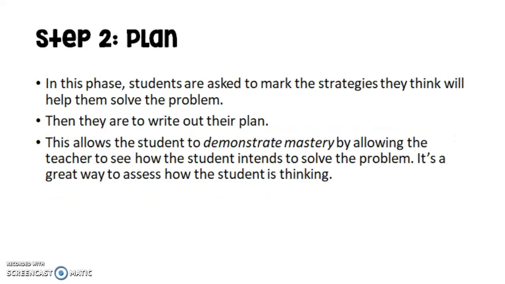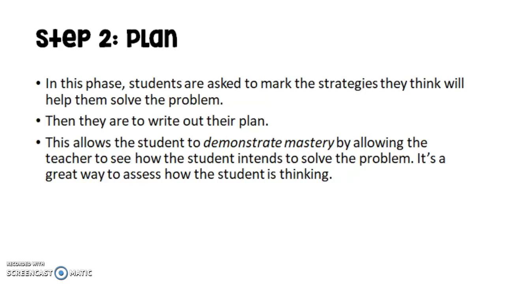The second part is to plan. When they go to this phase, they're supposed to mark what strategies they think will help them solve the problem. It gives a whole list, and you can add other strategies to it if you want to. And they have to write out their plan. They have to actually spell out in words, I'm going to add 2 plus 2, and then I'm going to multiply, or whatever they need to do.